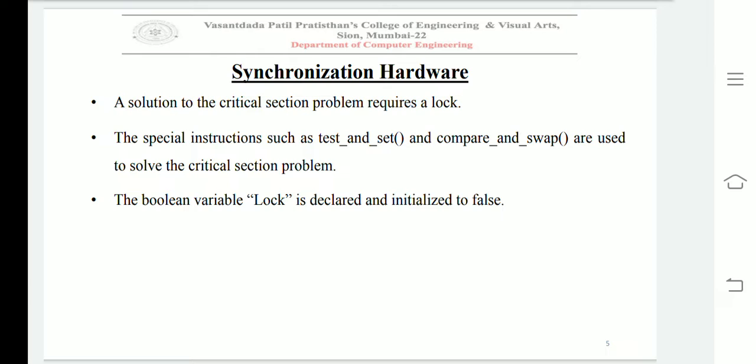We can solve this using the test and set instruction. This instruction is executed atomically. If two test and set instructions are executed simultaneously, they will be executed sequentially in some order.